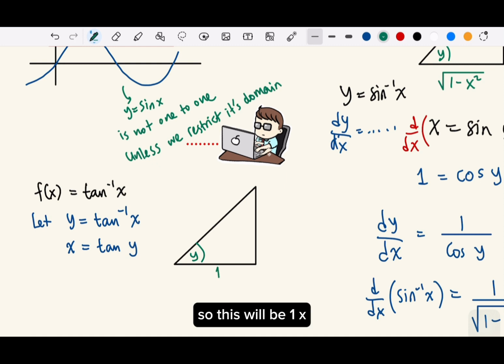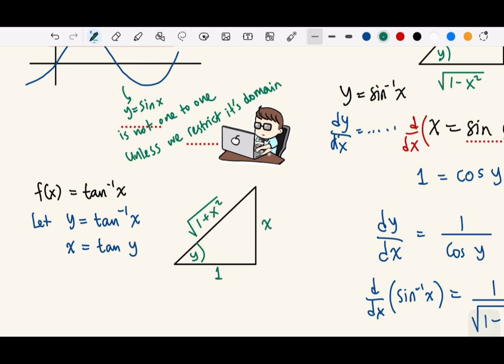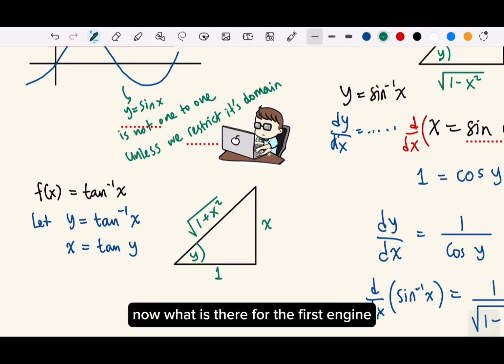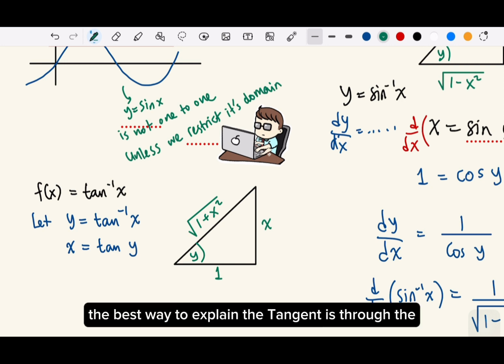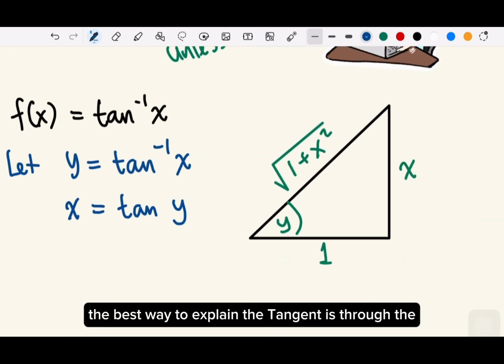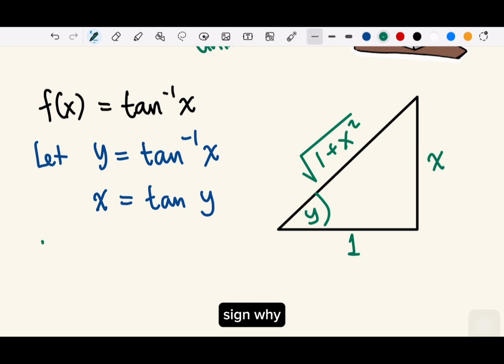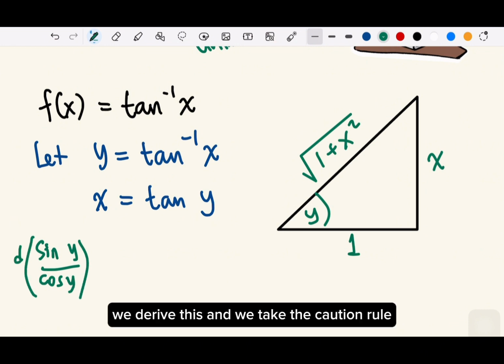Now, what is the derivative of tangent? Have I explained the derivative of tangent? Or do you know? Okay, I think the best way to explain the derivative of tangent is through sine y over cosine y.